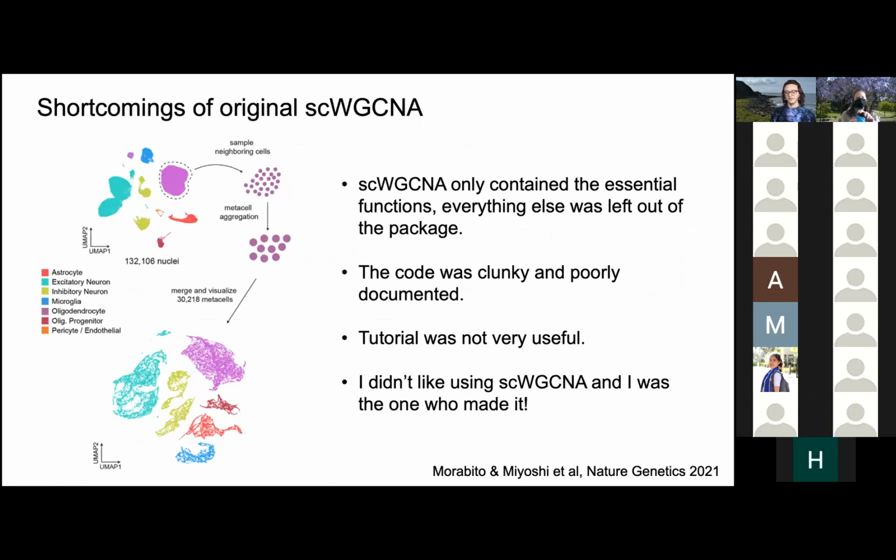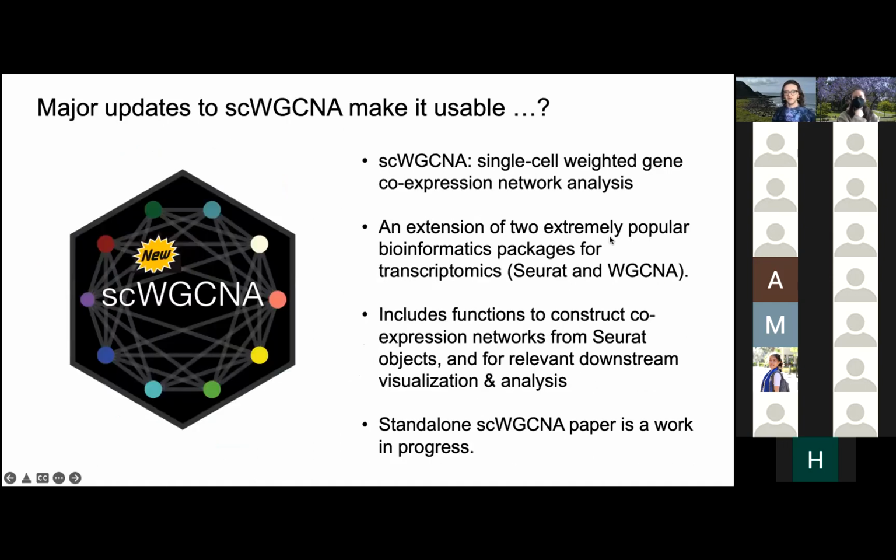With every single data set I have gotten in grad school so far, eventually someone asked me to run scWGCNA on it. And every time I did it, it was kind of painful. So at some point I was like, oh my gosh, I have to make this better. So very recently, in the past couple months, I've made major updates to scWGCNA to maybe make it usable. This is very new, so I don't think anyone's actually tried it.